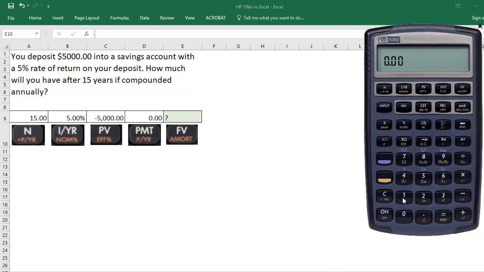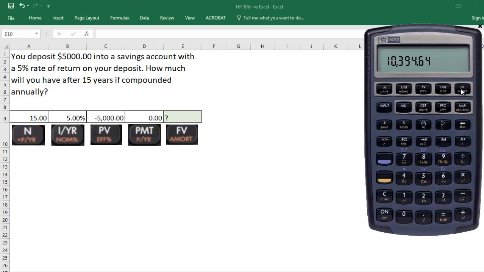Starting at the left, we have 15, and then you push N. You have 5% interest rate per year. 5,000, but don't forget it's a minus. Present value. Payment is 0.